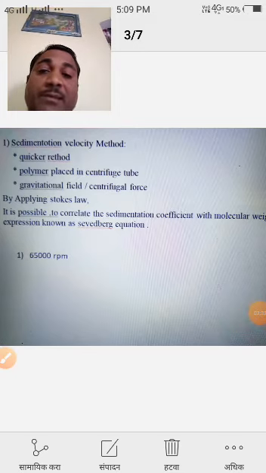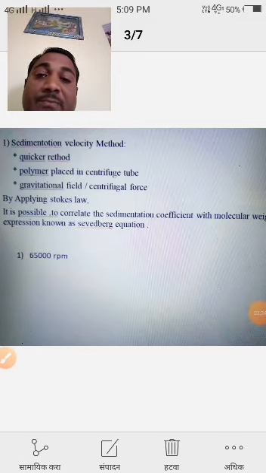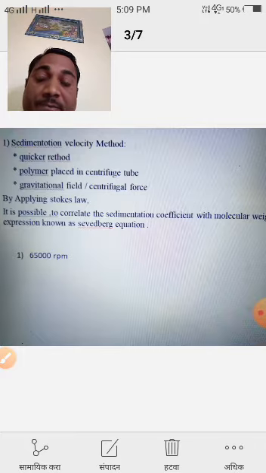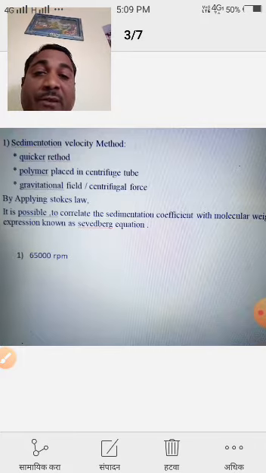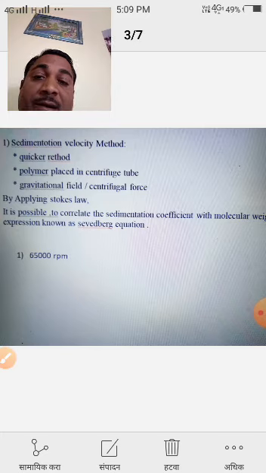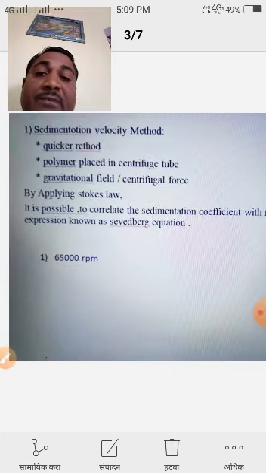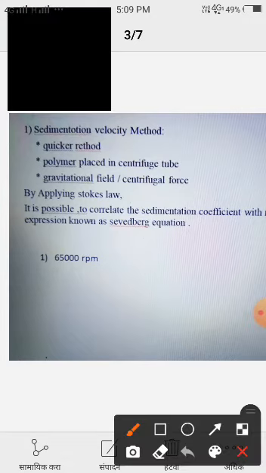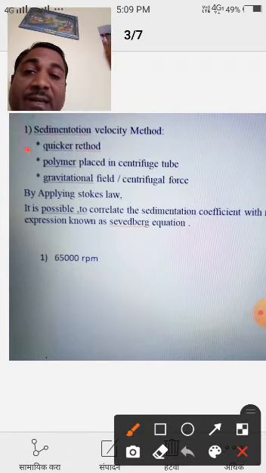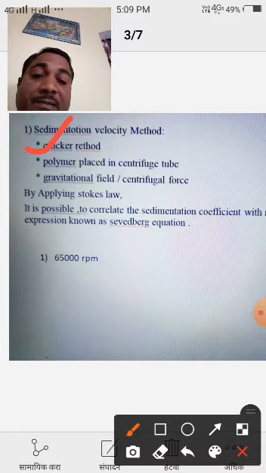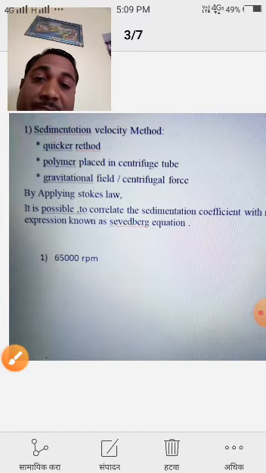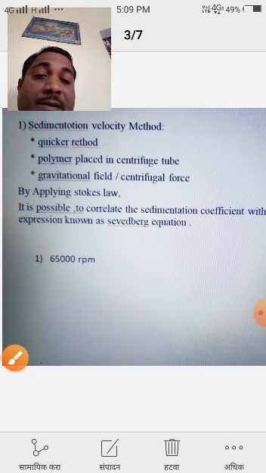Of these two methods, first we take some information about the sedimentation velocity method. It is a very quick, fast method.